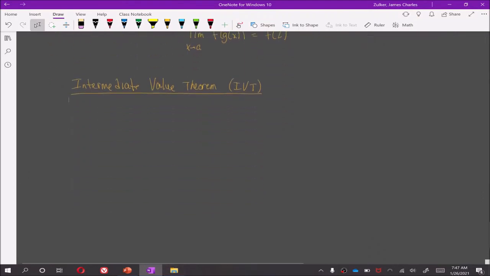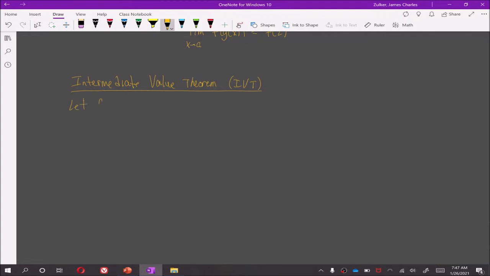This states, let f be continuous over a closed, bounded interval [A, B].